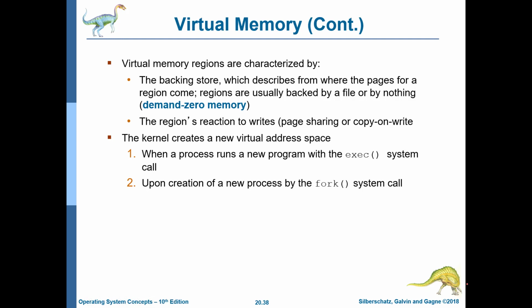So, in the case of virtual memory, let us look at some of the important concepts. One is that we will have something called a backing store. Backing store basically means where exactly the pages are coming from, right?